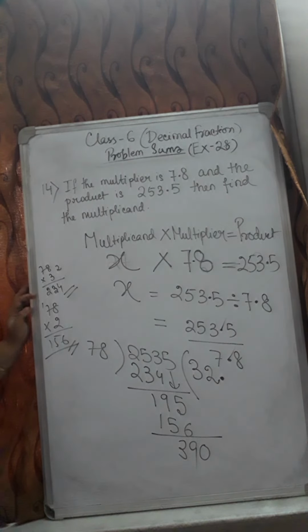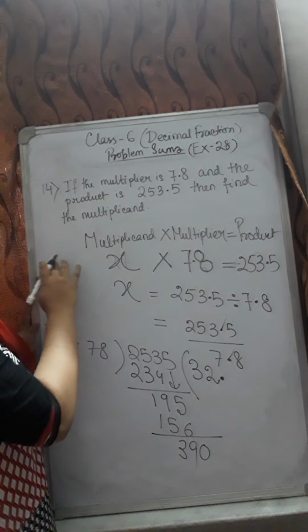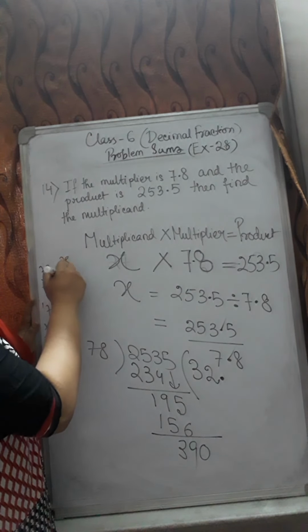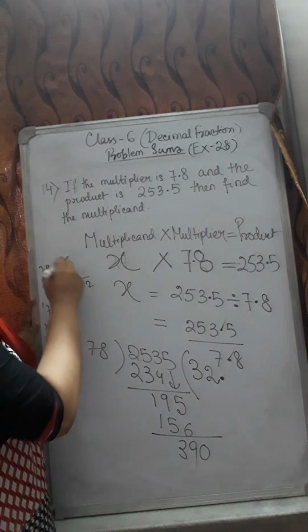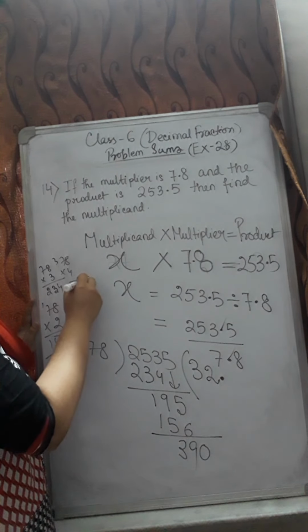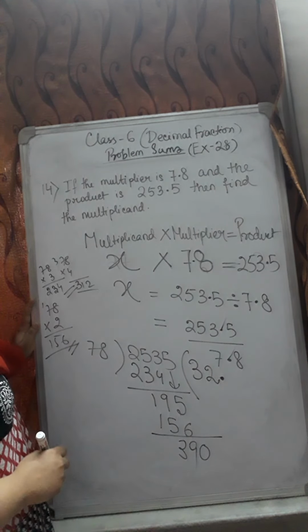Now try some higher numbers near 390. 78 into 4 gives us 312.